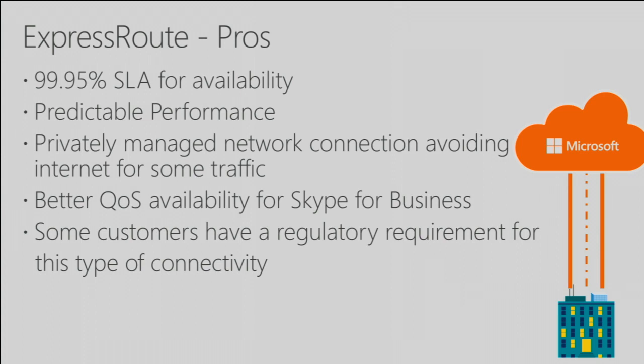We have a much smaller number of ExpressRoute locations. So sometimes the latency is actually higher to connect to ExpressRoute than it would be from a local egress via the internet. This can deliver better QoS for Skype for Business, which can be a driver for some customers. And other customers have a regulatory requirement for direct networking for traffic. HIPAA, for example, is one of them that stipulates that.